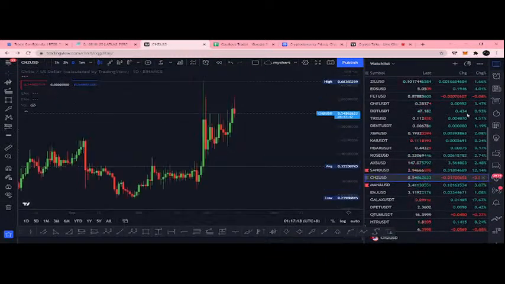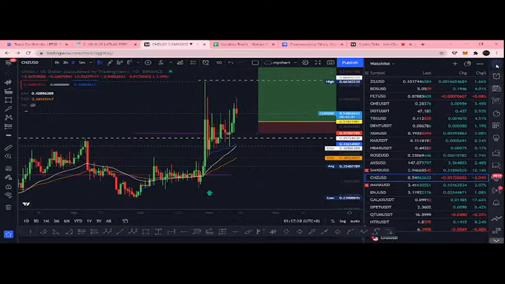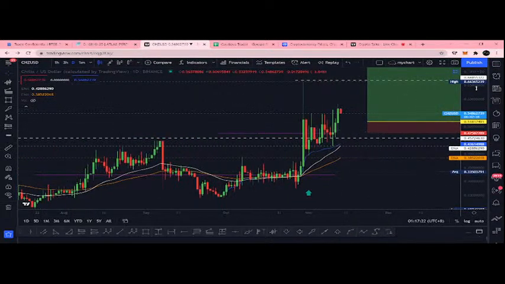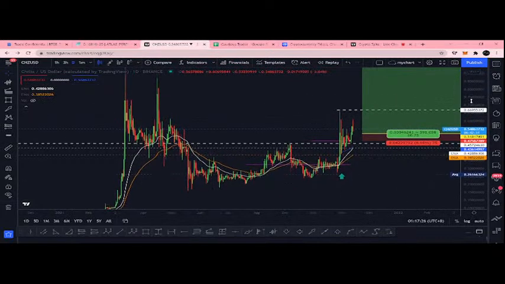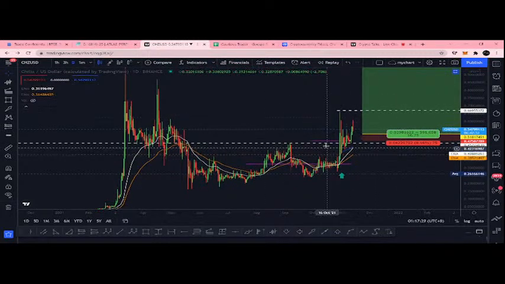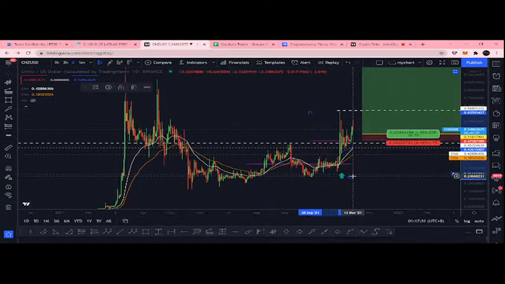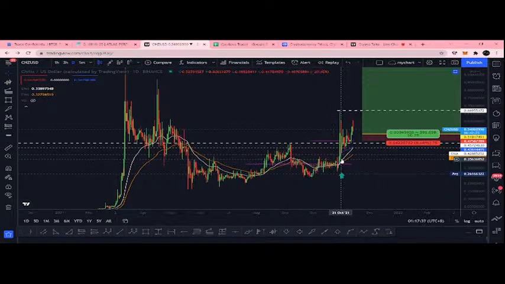This one actually got stopped out at 54 cents. Anyway, it's almost the same with Mana, Sand, and Atlas. All of it golden cross.